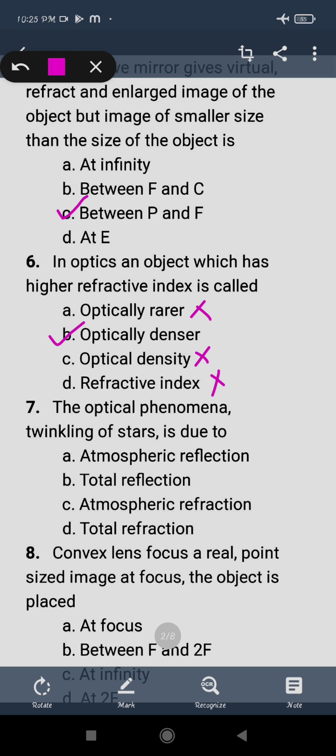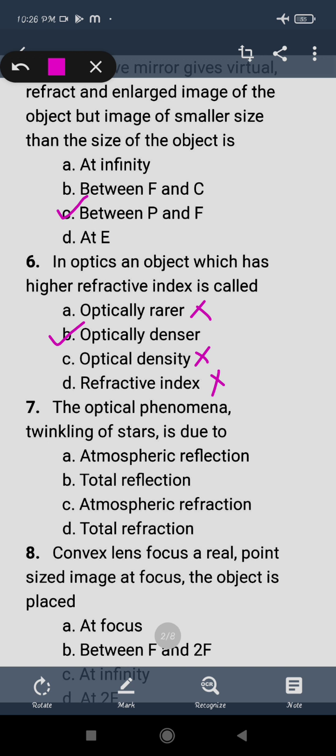If we talk about the optical phenomena, that is the twinkling of stars. We have seen this topic in the last session itself. Whenever the light ray comes from the stars, we have talked about the apparent position and the actual position, it passes through different layers of the atmosphere and moves to us.